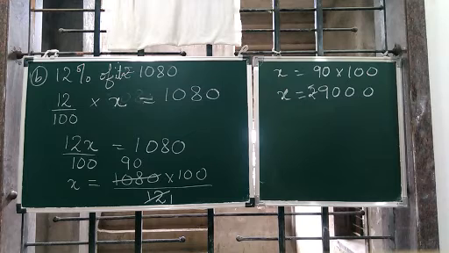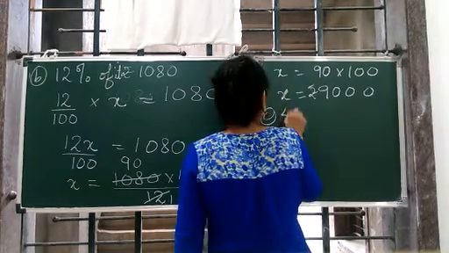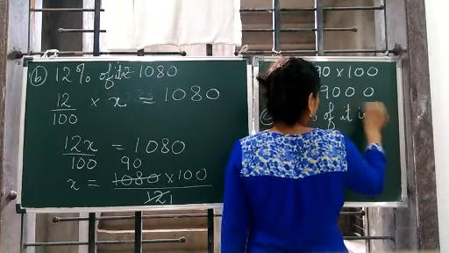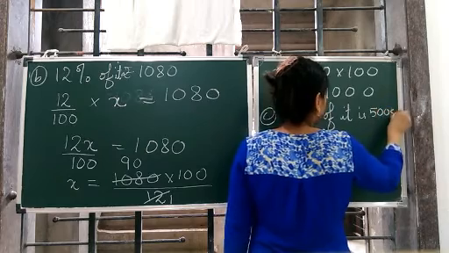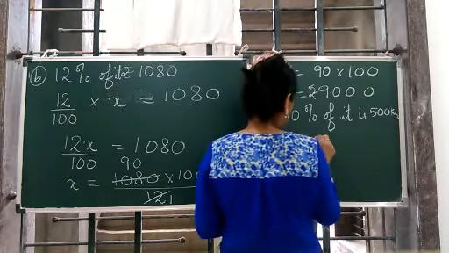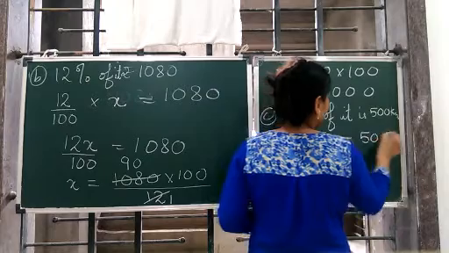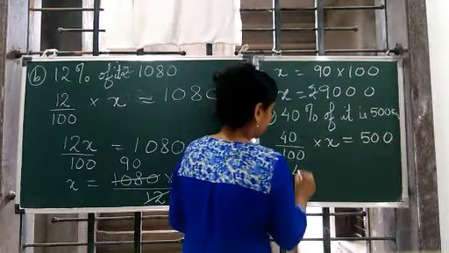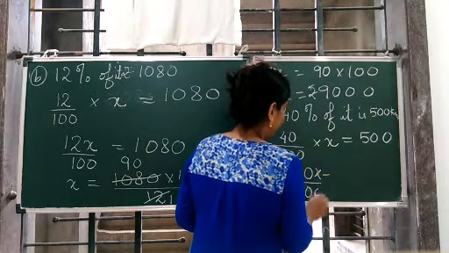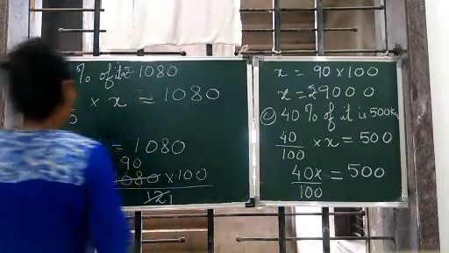Now see, we have to start. 40% of it is 500 kilometers. 40% of it is 500 km. 40% means 40 per 100. 40x upon 100 is equal to 500.